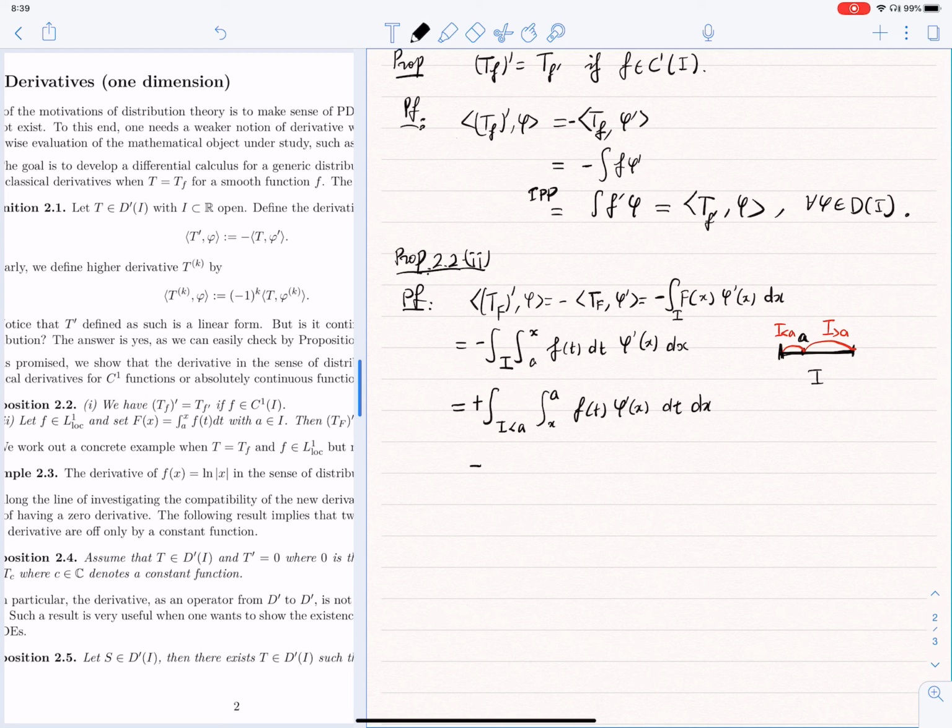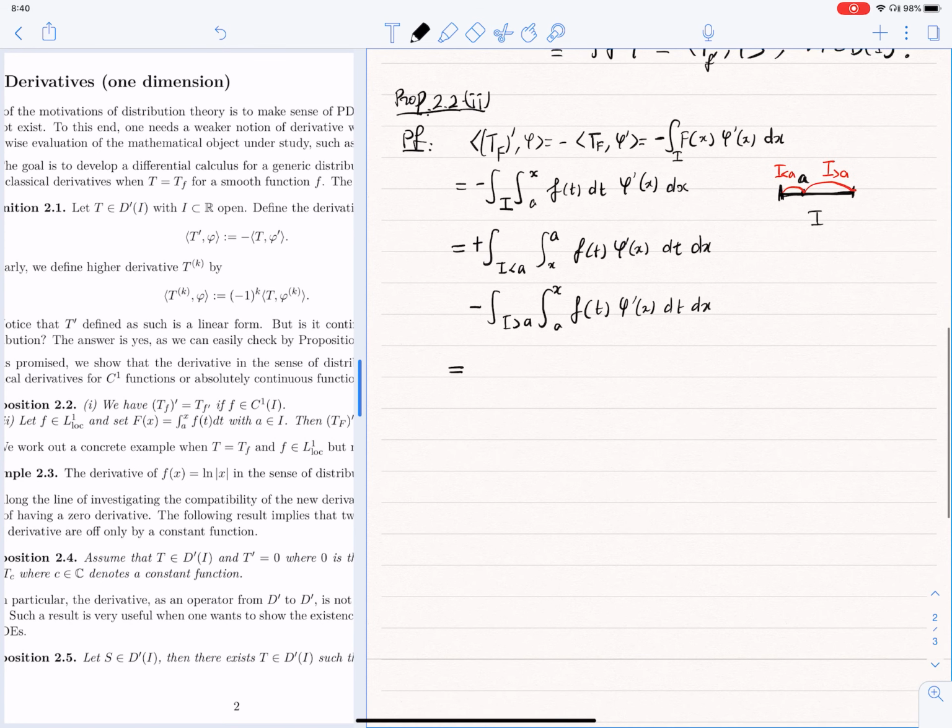On the other hand, we have I greater than a, where x is larger than a. In that case we don't change the sign, so the interval is still a to x, with phi prime(x) dt dx. We are going to handle them separately.